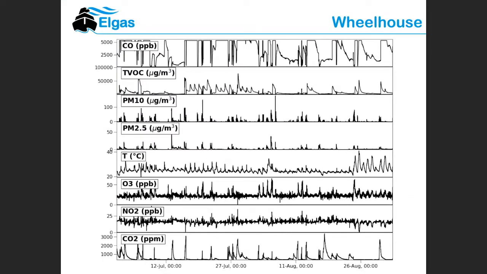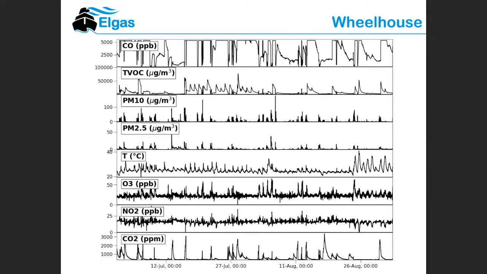Our first impression is that there are a lot of peaks and fluctuations, and one could say that maybe these peaks match each other, because sometimes it's possible to see they are occurring at the same moment.